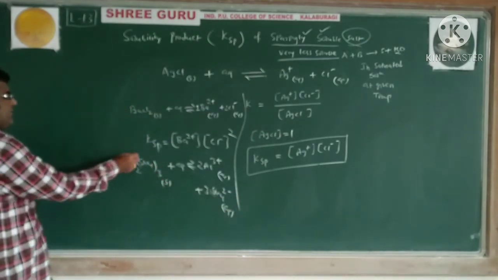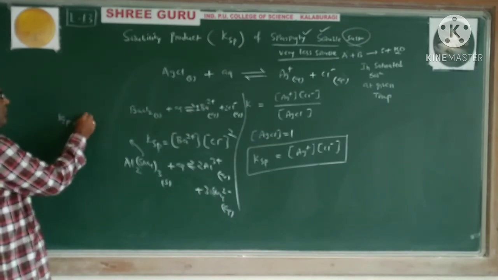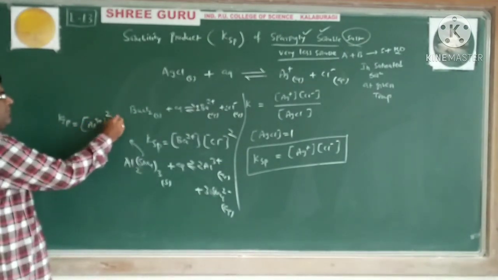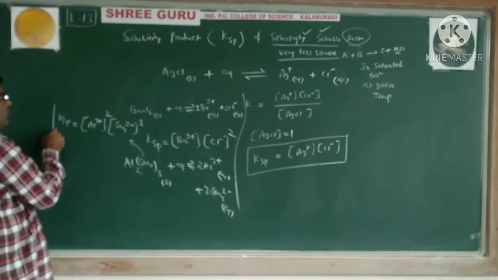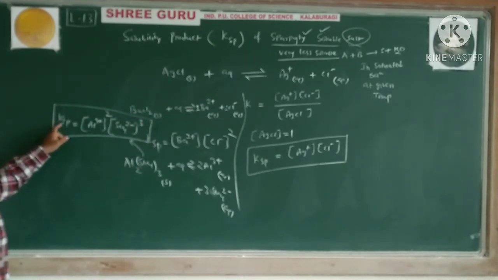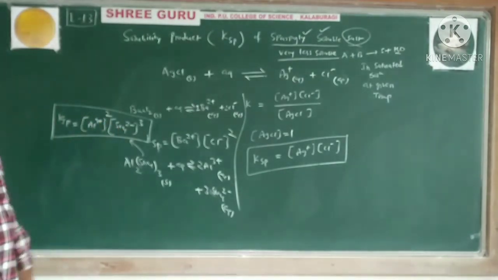What will be its Ksp equation? Ksp equals Al 3 plus squared and SO4 2 minus cubed. We can calculate Ksp values if we know their concentration. Solubility product can be calculated.